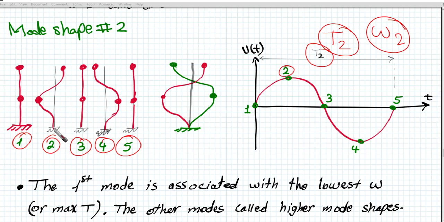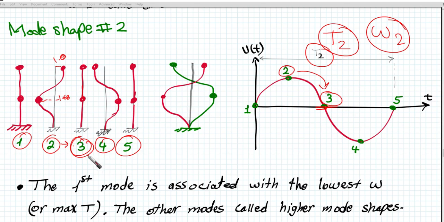Number 2, as we said here, it is minus 1.68. Here it is going to be 1, right? And then we are going to 3, which is the equilibrium position. We do not have any displacement here, or the dynamic response is going to be 0, right?